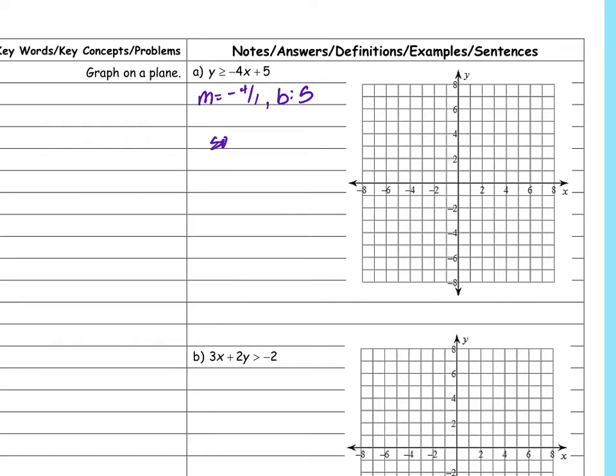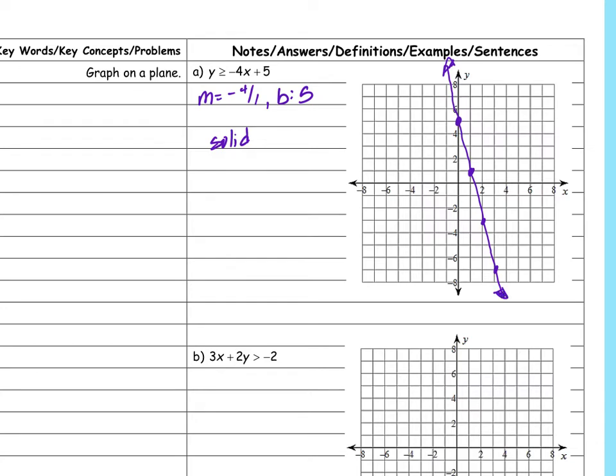And that's going to be a solid line. So, 5. 1, 2, 3, 4/1. Solid line.